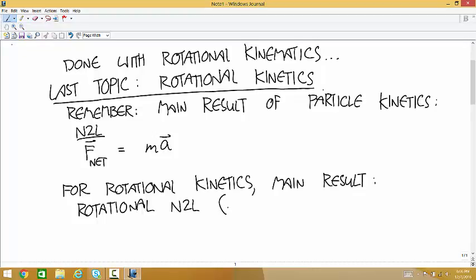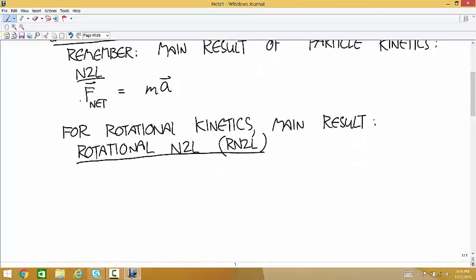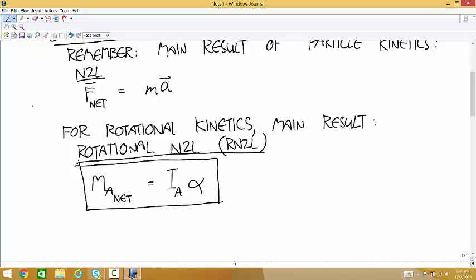And I abbreviate it RN2L. Trademark. And this says, add up the moments produced by all the forces, so M_A net is equal to the mass moment of inertia about that same axis times the angular acceleration. So that's what we're going to get to today.